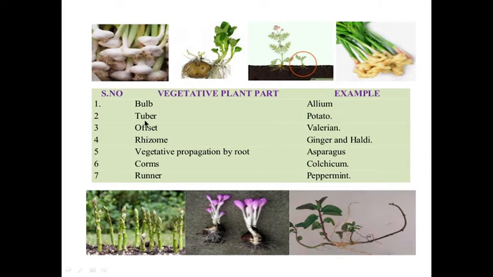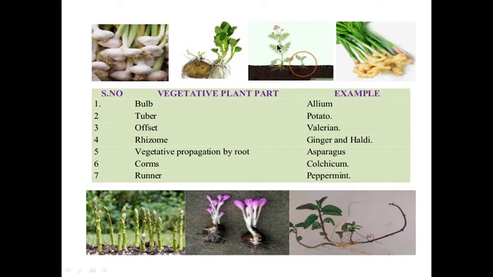After that, next one is offset. Offset means these are the small daughter plants which are formed on the mother plant. This one is the mother plant and this one is the daughter plant. This daughter plant is formed on the mother plant, produced asexually or naturally, and these are genetically identical with the mother plant.